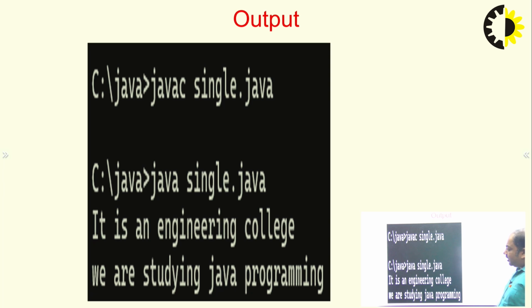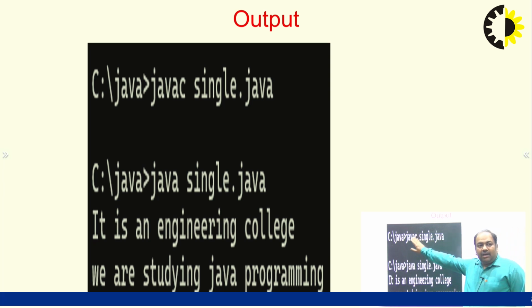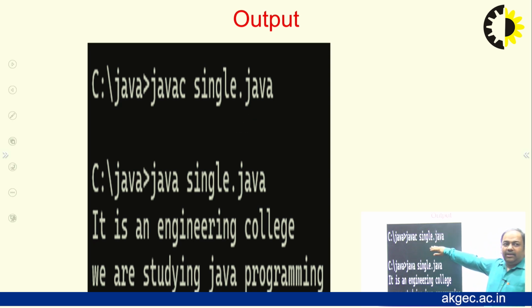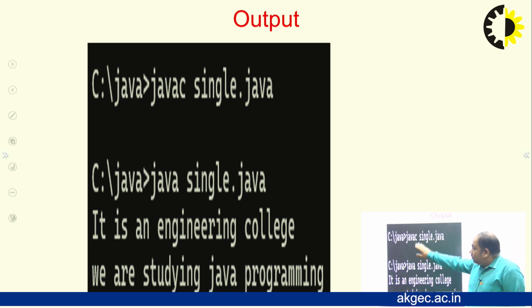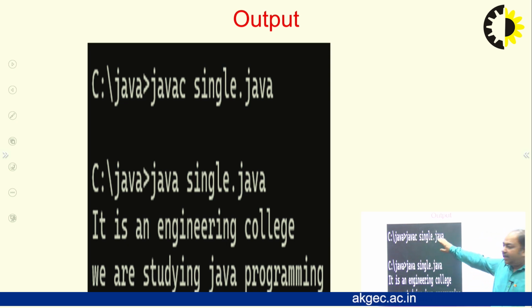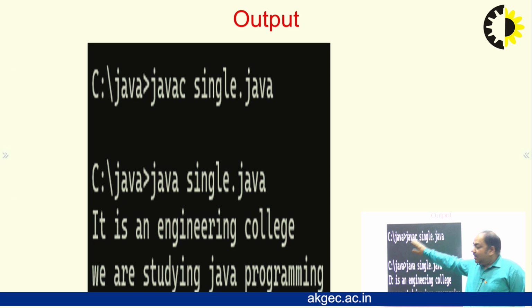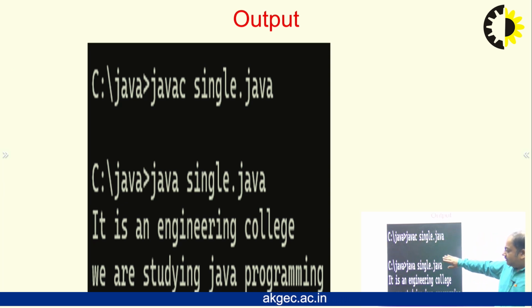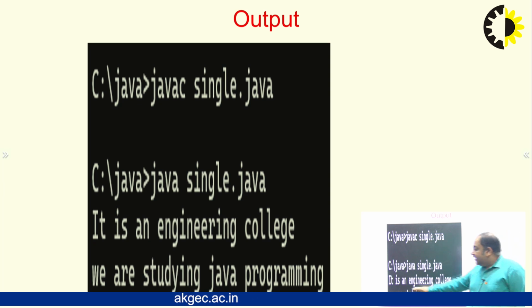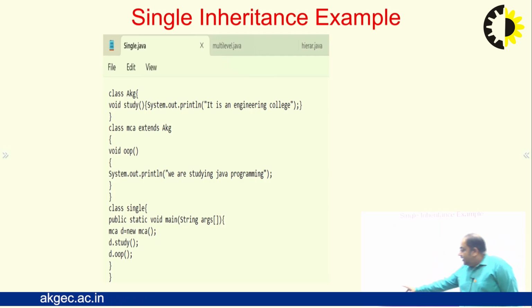When we run this program, like you can see, javac is the Java compiler, and single.java is the name of the program in which I am showing the single inheritance. Now first I will compile. If it does not have an error, then it shows a blank screen. Then I run the Java program, and it shows an output which is: it is an engineering college and we are studying Java program, as I have shown in the program, d.study.